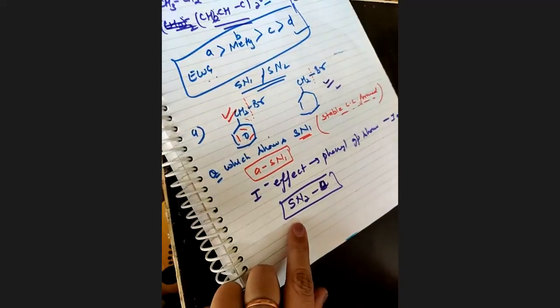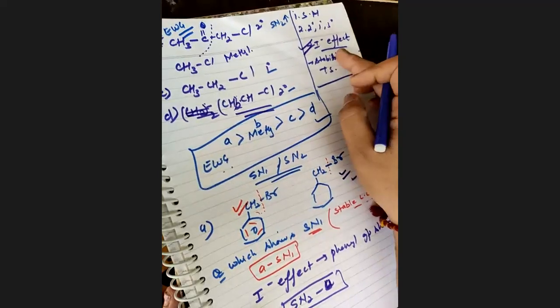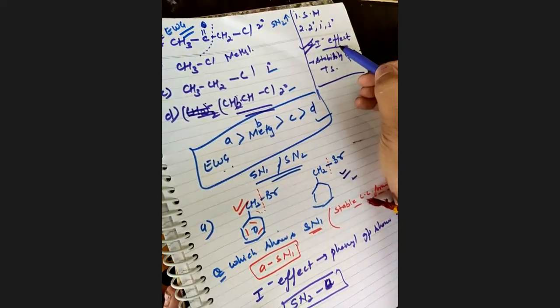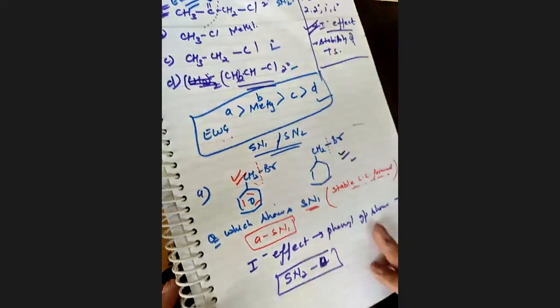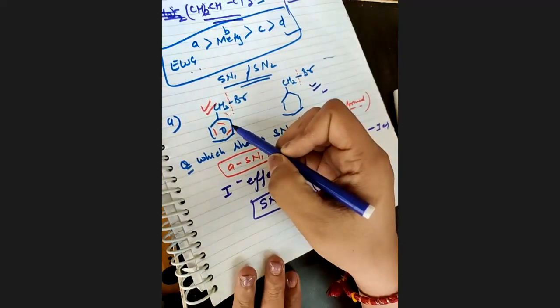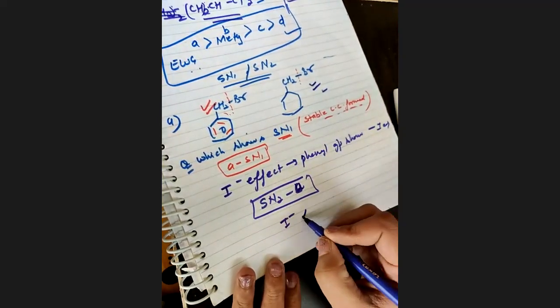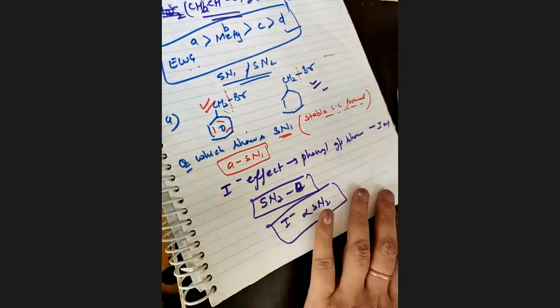Minus I effect is related to this, as I have already told you; I got confused here. So we know that a phenyl group shows minus I effect, and minus I effect is directly related to SN2. The more minus I effect there is, the more SN2 there will be.